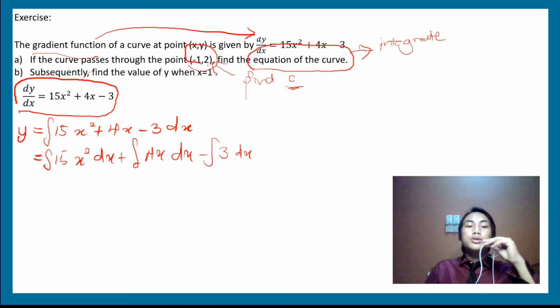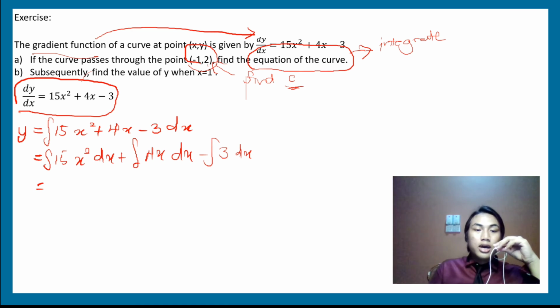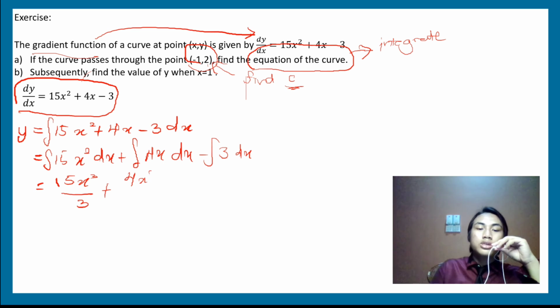So integrate 15x squared, we will get 15x cubed over 3, plus, for 4x we will get 4x squared over 2, minus, for 3 we will get 3x. Don't forget the most important constant, c.